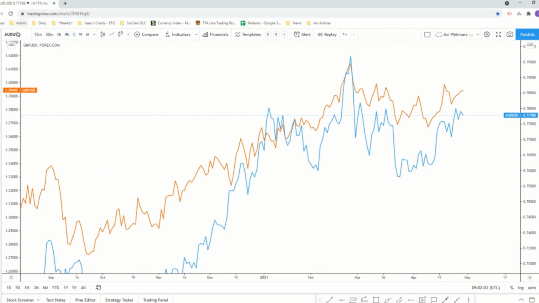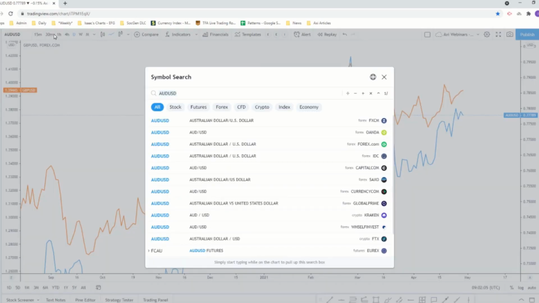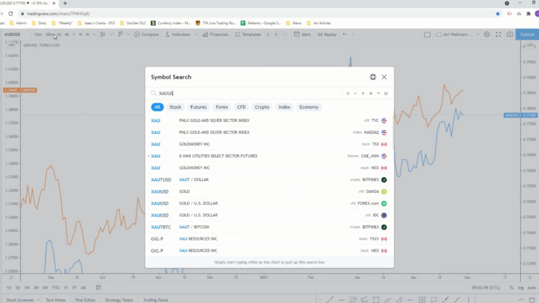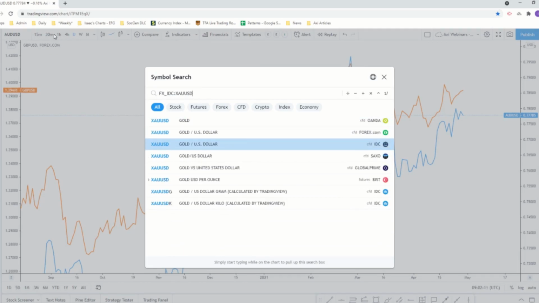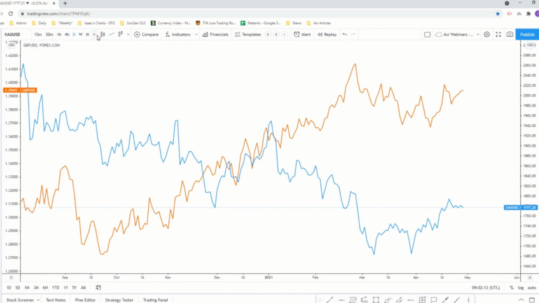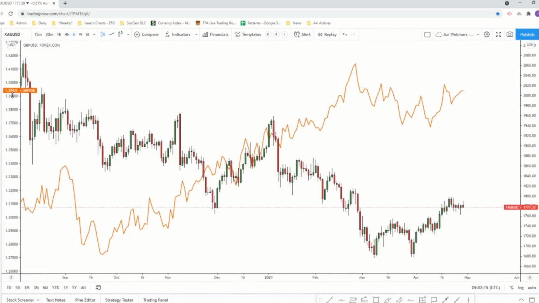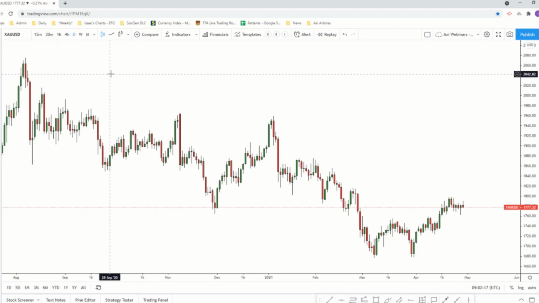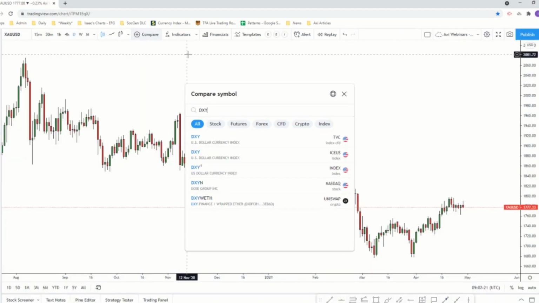Is gold really correlated with the DXY? Again, the dollar is a special one because of the dollar smile theory, but let's just look at gold very quickly. So I have gold as a candlestick. Let me get rid of this, so I can load up the DXY on the chart.